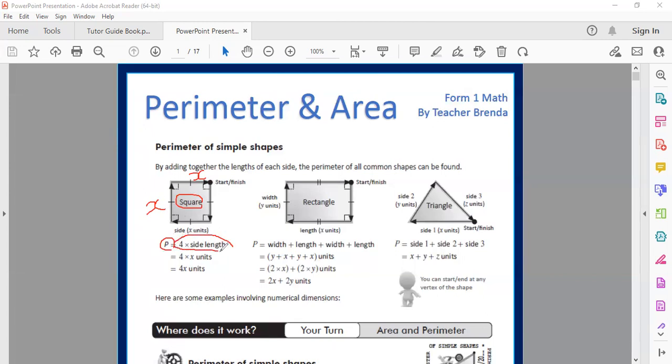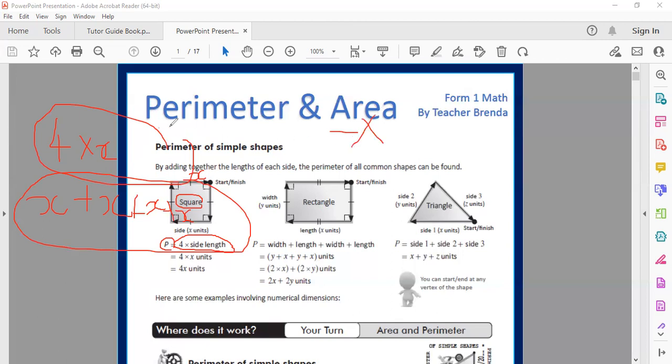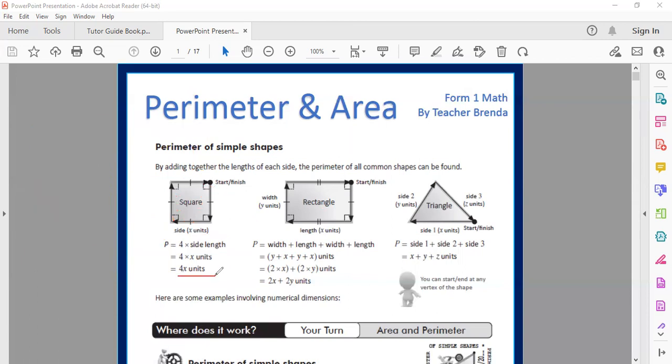That means it's 4 times x. 4 times x is the same as x plus x plus x plus x. Do you remember multiplication is repeated addition? Don't forget that. Okay? So don't think that only area I'm going to multiply. No. Perimeter, you can also multiply depending on your shape. Okay, if it's a square, you can just say, yes, I can multiply because I'm repeatedly adding the same number.